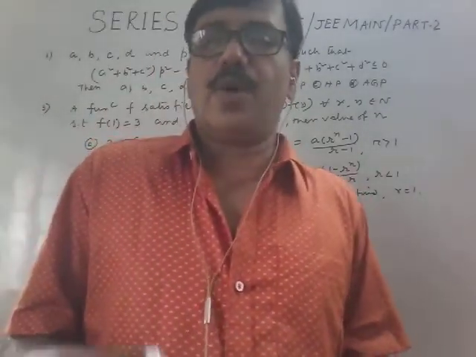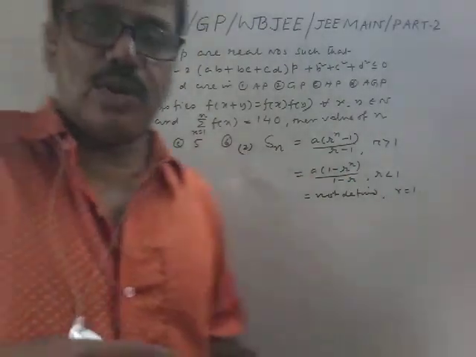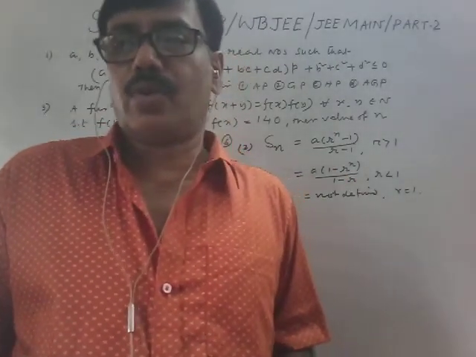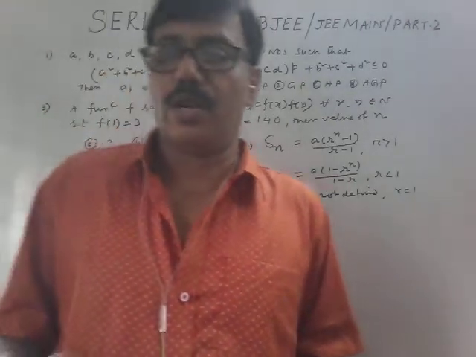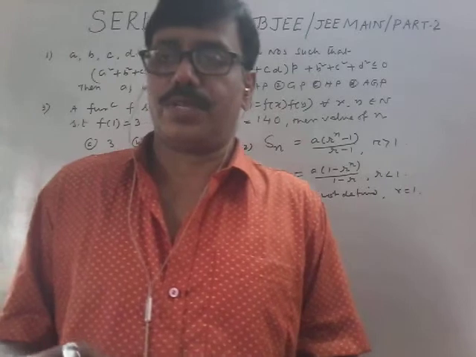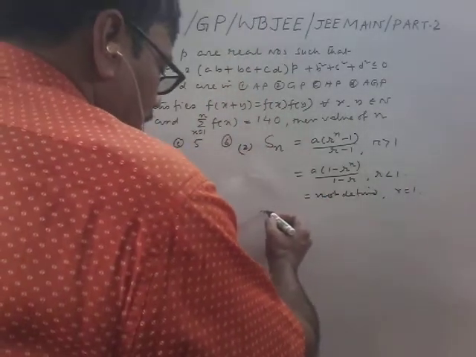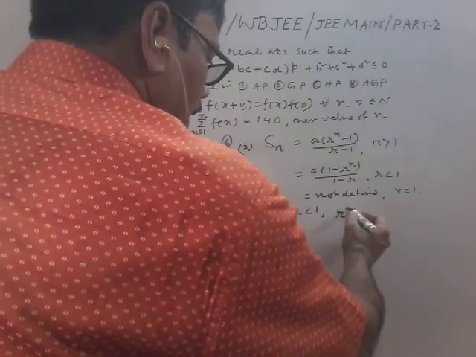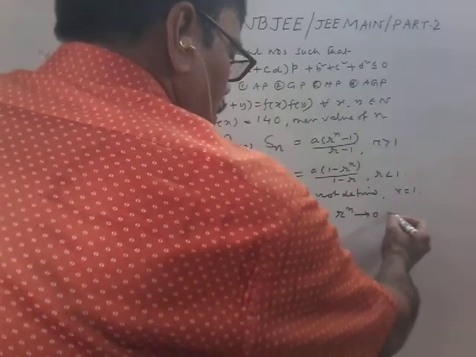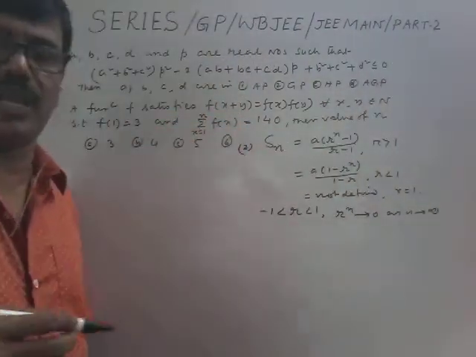Then infinite GP series. If the number of terms of a GP series is not finite, then it is called an infinite GP series. We know a well-known result: if minus 1 is less than R less than 1, then R to the power n is 0 when n is large. Infinity means n is large.